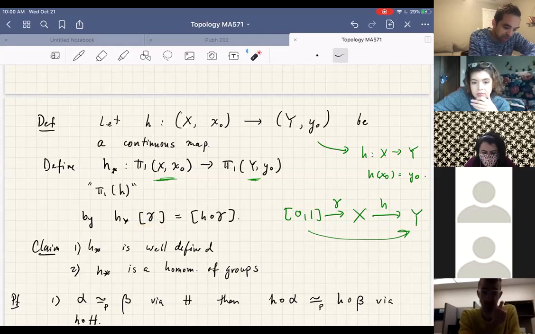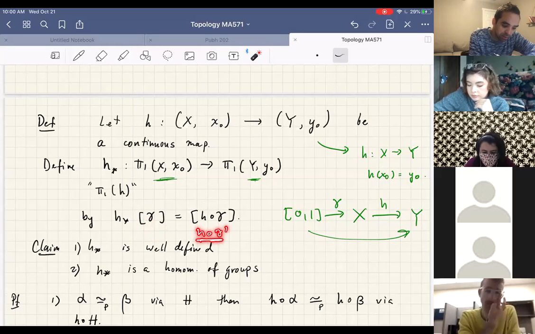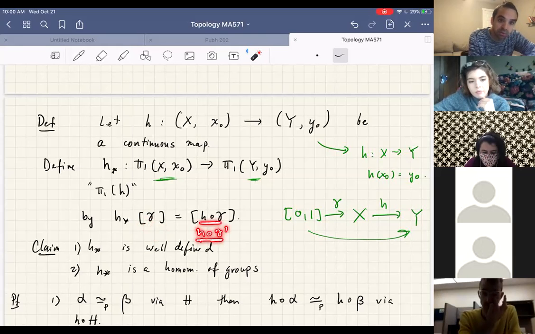So I have to check that if I vary this representative, but staying in the same class, namely if I vary the loop gamma by a homotopy, or if I use a homotopic loop gamma prime, then I get a homotopic loop here, namely H composed with gamma prime will be homotopic to H composed with gamma. But that's clear, right?